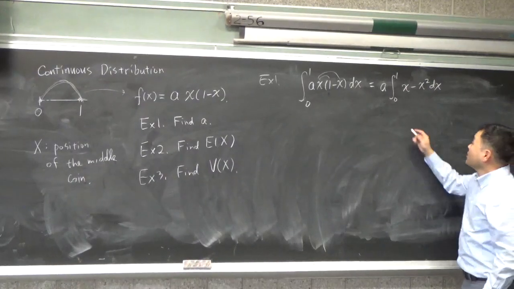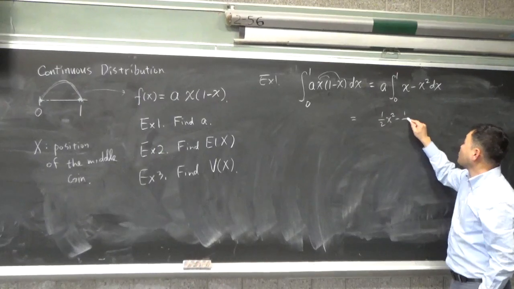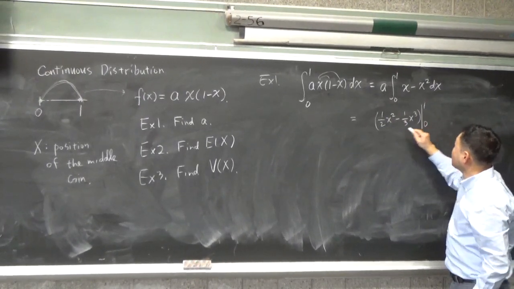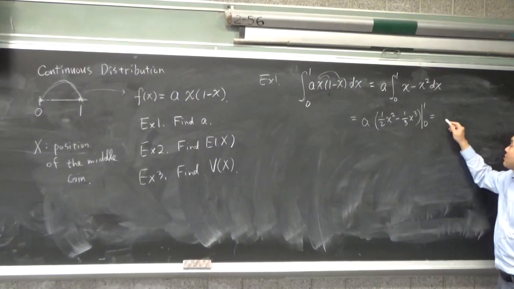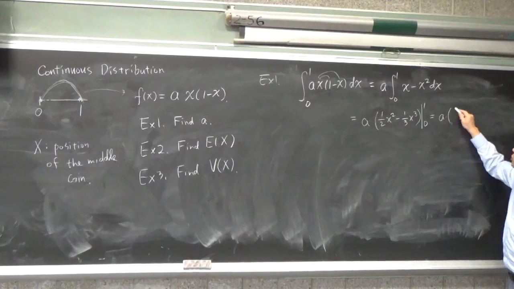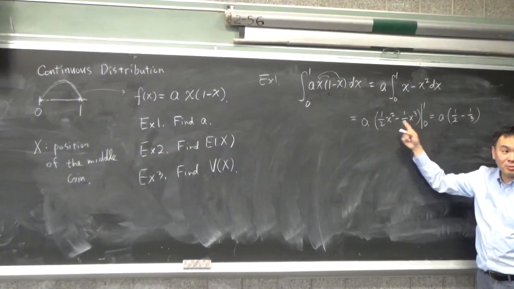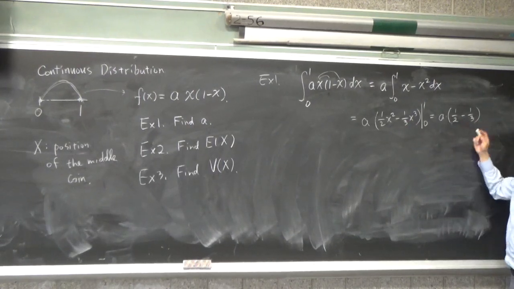We know the integral: this is 1/2 x squared minus 1/3 x cubed, plugging in 1 and 0, multiplied by a. If you plug in 1, it's 1/2 minus 1/3. If you plug in 0, it's 0.